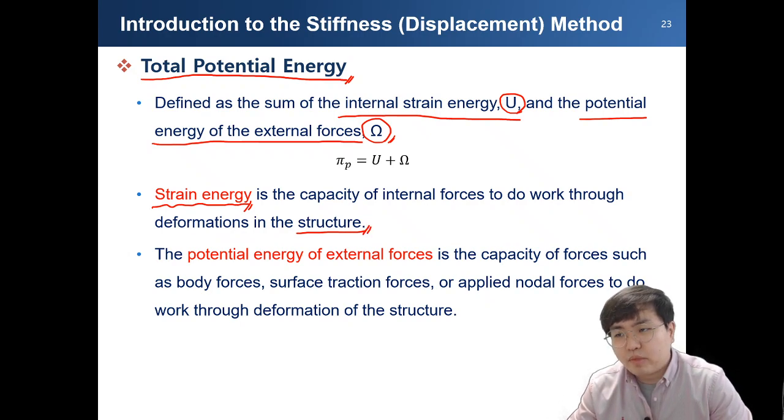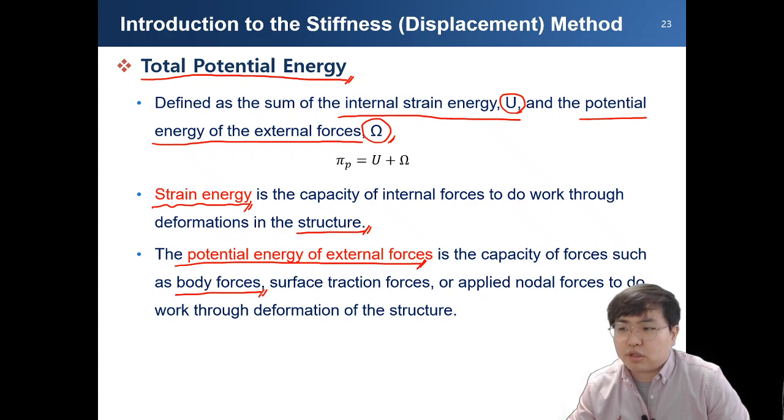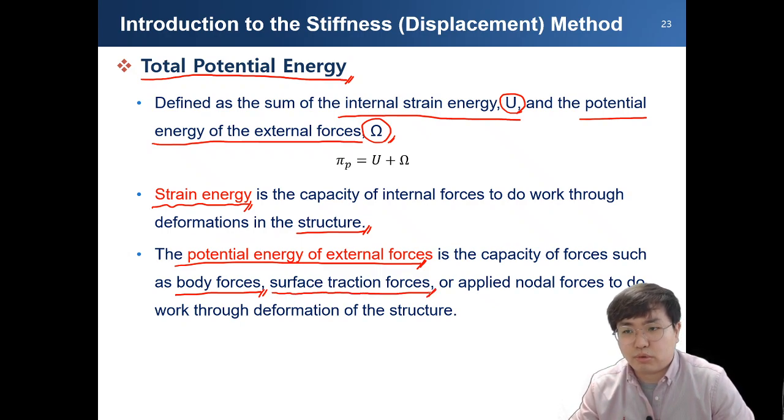This means strain energy is the energy stored in the solid structure when it deforms elastically only. And then the potential energy by external force: to deform the solid structure, we must apply external forces. For example, we have body force due to gravity or other kinds of pressure, and we can also apply surface traction force on the solid structure.